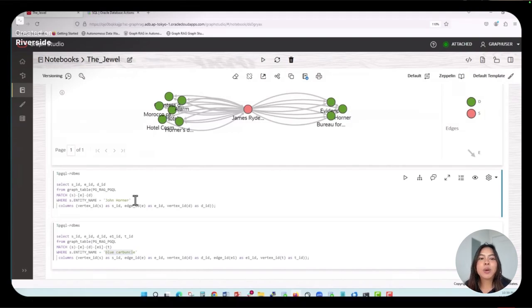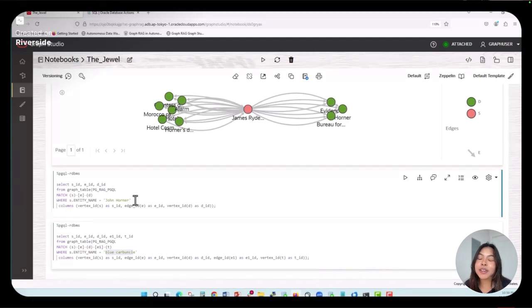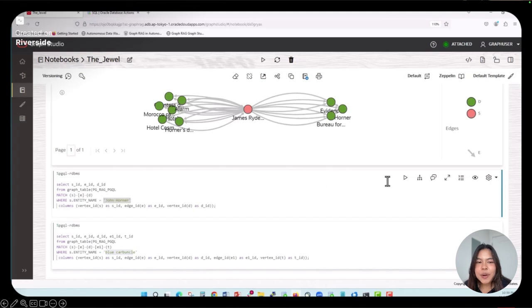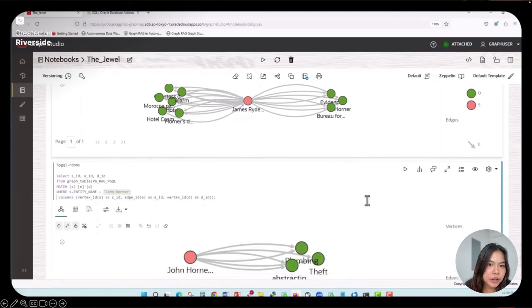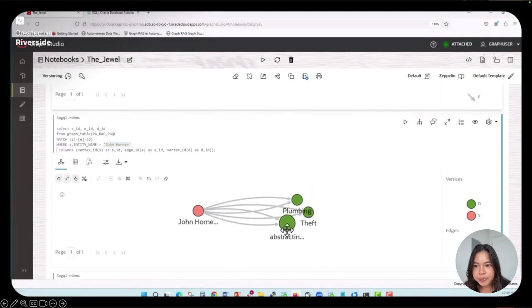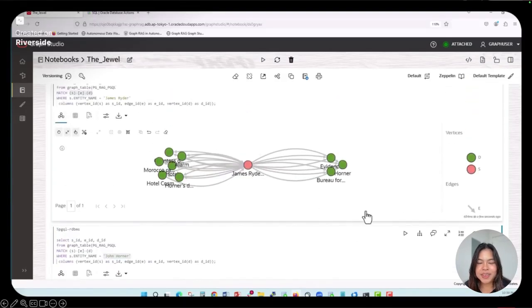And we see how James Ryder has a lot more connections compared to the person that was not the actual person that stole the jewel. And lastly, this is basically the query of John Horner, which has a lot less chunks associated with him.